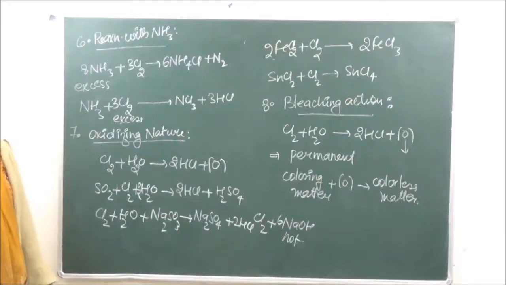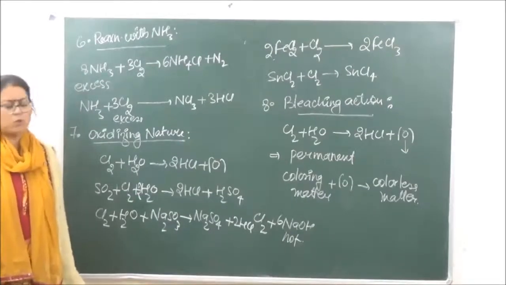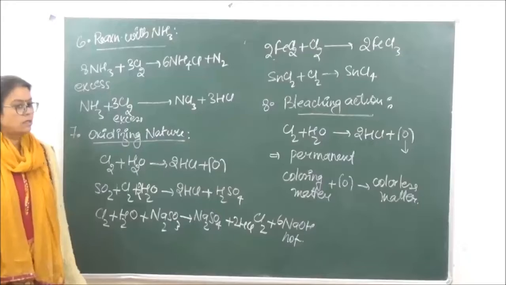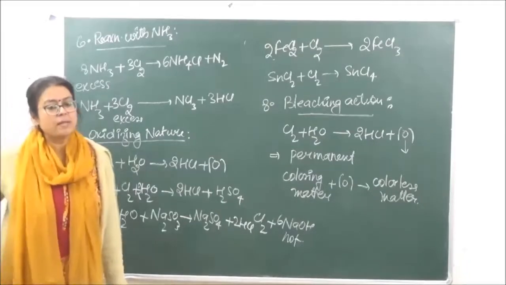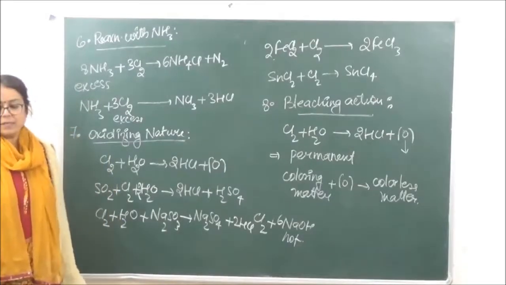ठीक है? Now while you're doing bleaching, there are 2 to 3 points which you need to remember over here. Number one, chlorine bleaches only in the presence of water. Okay, so that I have already discussed कि अगर water नहीं होगा तो nascent oxygen नहीं बनेगा. So it bleaches only in the presence of water.